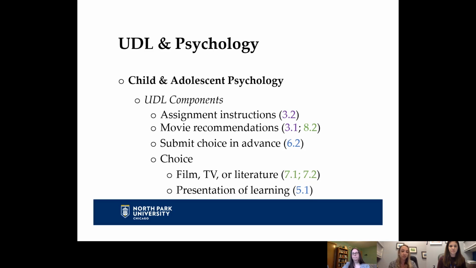Instead of saying, write a paper analyzing the development of a protagonist in a film, I was very clear in my instructions that it had to be a longitudinal or cross-sectional analysis. You had to address themes of constancy and change, and the analysis needed to include physical, cognitive, and socio-emotional development, right? As a developmentalist, those things are very obvious to me, but I wanted that to be very explicit to my students.